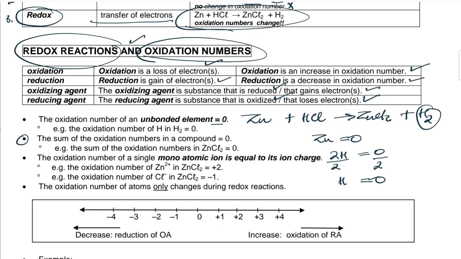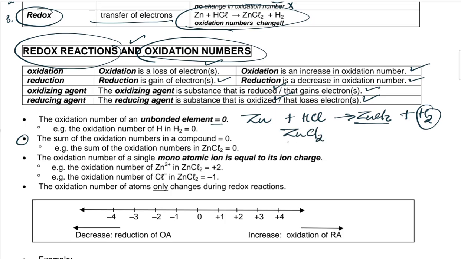So the second bullet: the sum of oxidation numbers in a compound must be equal to 0. There's an example there, which is ZnCl2. Now let me make an example using that one.